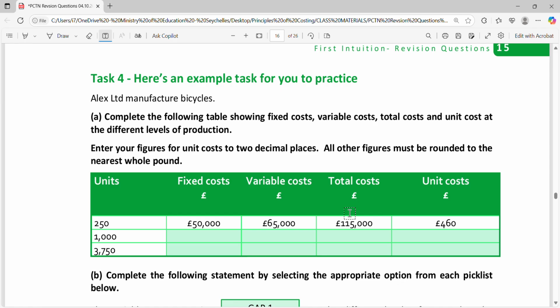Okay, now if you permit me, I'll work this one on the Excel. So I have the units, I have the fixed cost, then we have the unit costs.